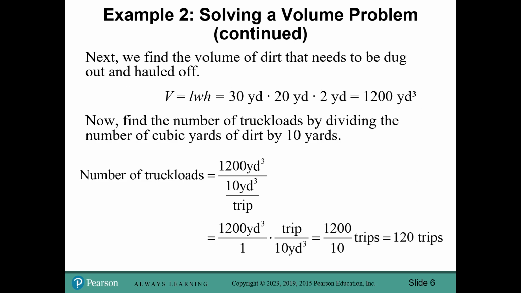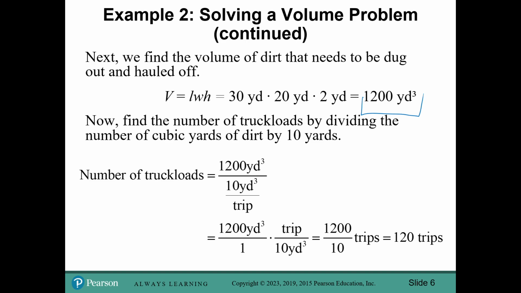To find the volume, we multiply those numbers: length times width times height, 30 times 20 times 2, which gives us 1,200 yards cubed. That is the volume of the hole we have dug for our swimming pool.